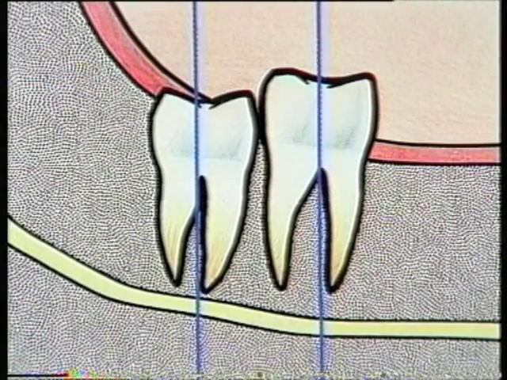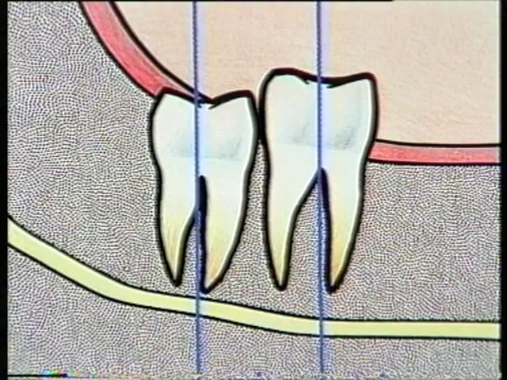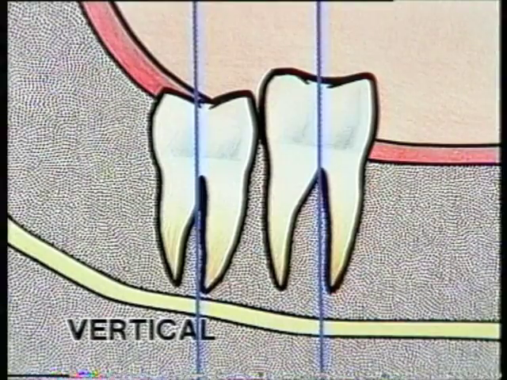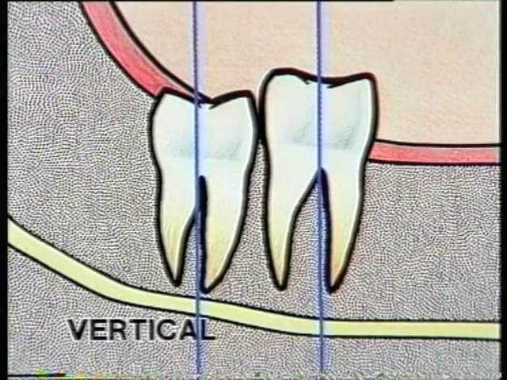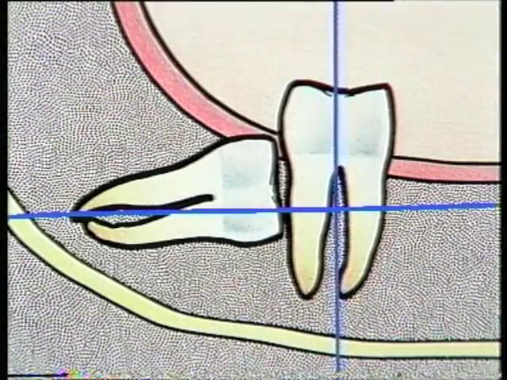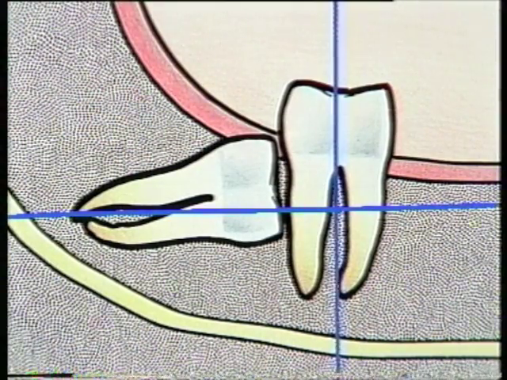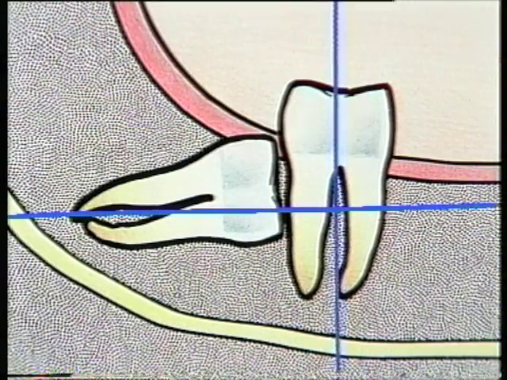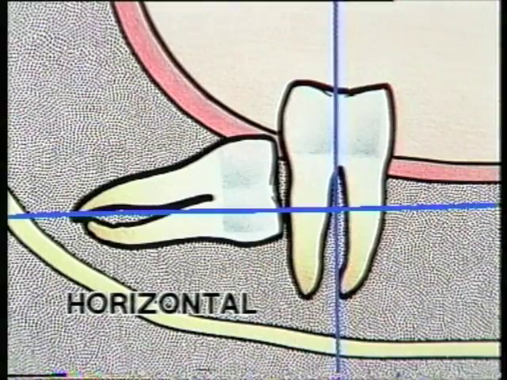Here, the long axis of the third molar is parallel to that of the second molar, so the tooth is vertically impacted. In this case, the long axis of the third molar is at right angles to that of the second molar, and this is known as horizontal impaction.